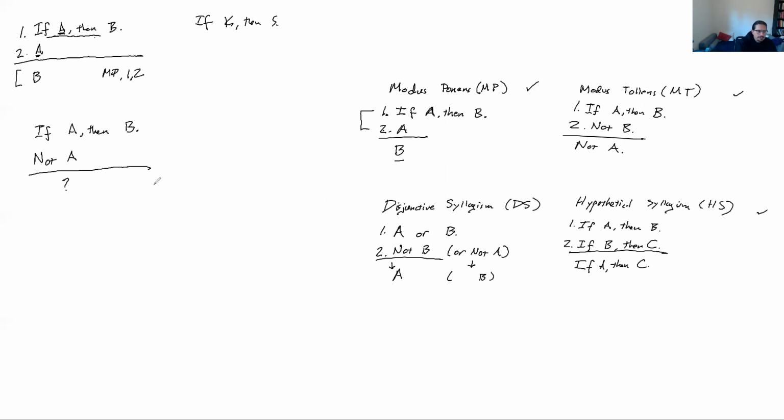But for now, it's important to note that if A then B, not A, does not fit either modus ponens, because there is a not, or modus tollens, because this was denying the antecedent, meanwhile modus tollens denies the consequent. And as you might remember from our earlier sessions, this is not valid, that's a fallacy, whereas this is valid, that's right. Okay, let's step up the difficulty a little bit.